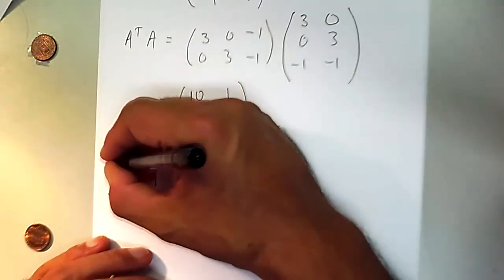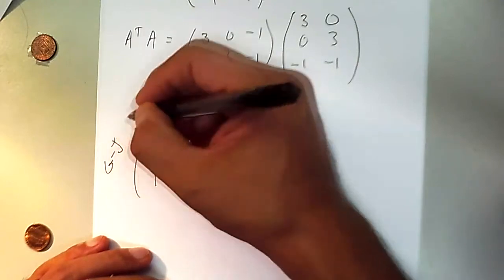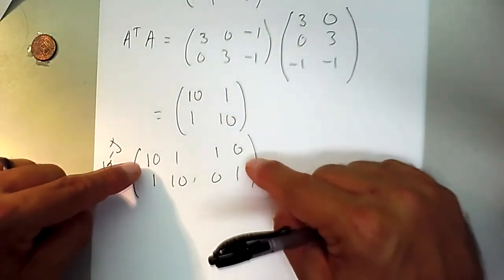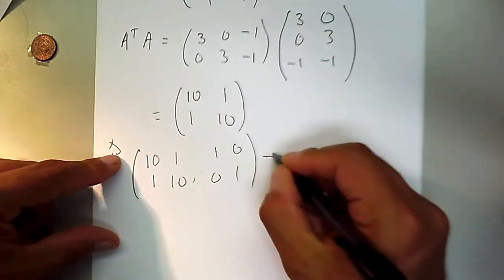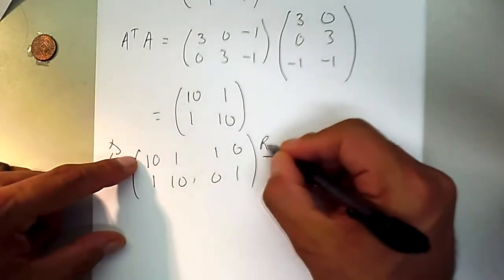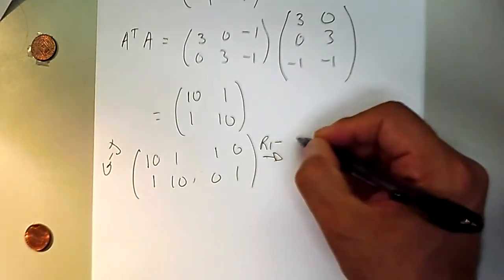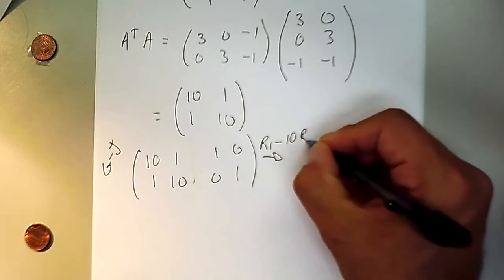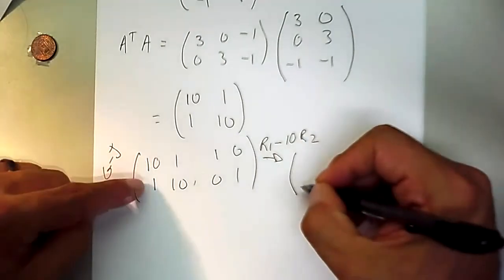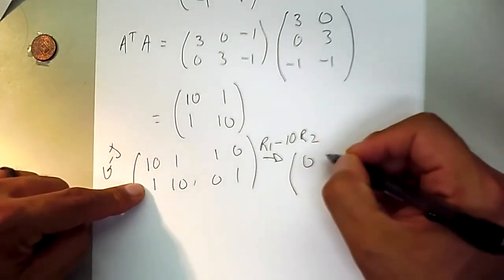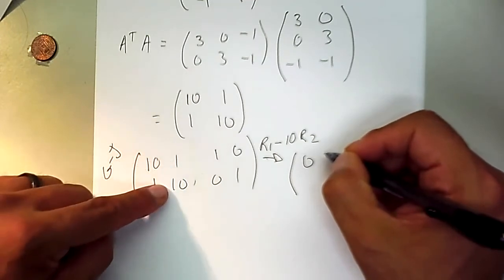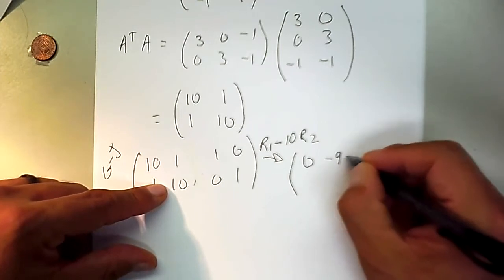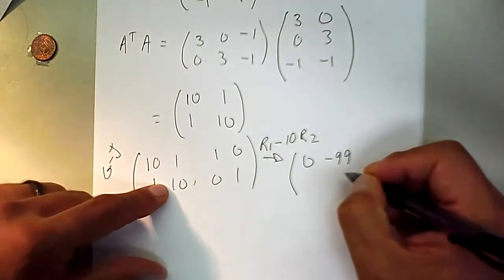We're applying the Gauss-Jordan elimination process to figure out the inverse. So do R1 minus 10 times R2. So 10 minus 10, 0. Whoa, 1 minus 100, negative 99.